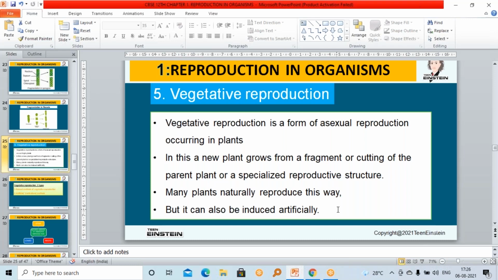So vegetative reproduction of an organism can be done from any vegetative part. What is vegetative reproduction? It is the reproduction of an organism from any of the vegetative parts, not from the sexual part. It is the formation of the next generation from any vegetative part.